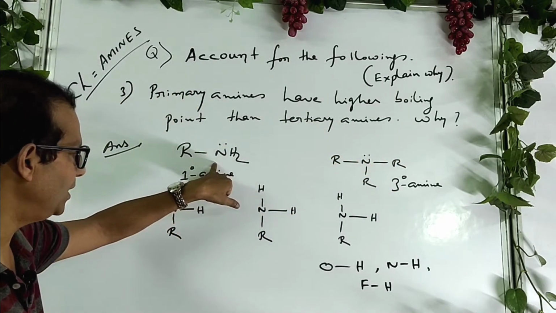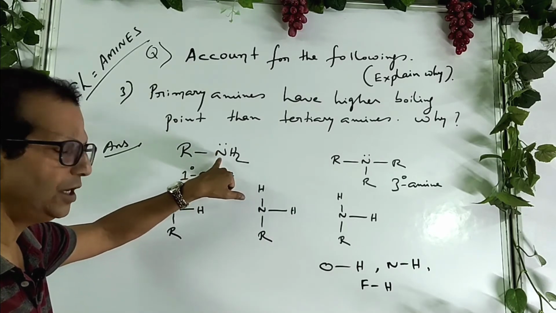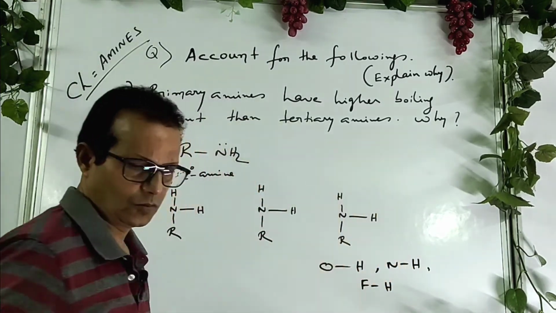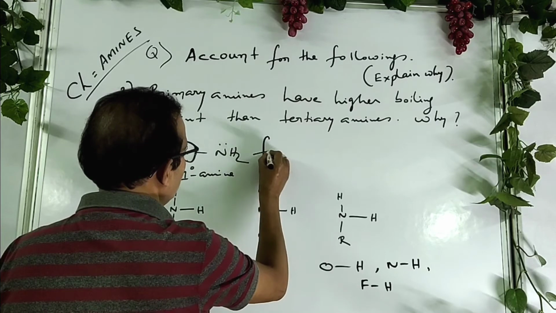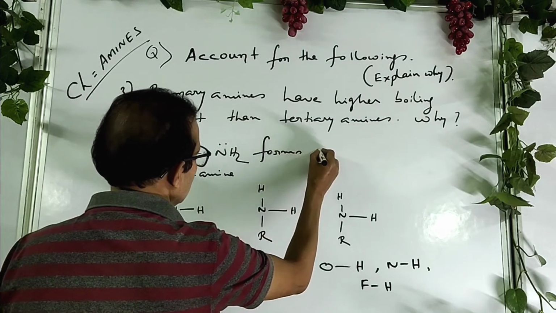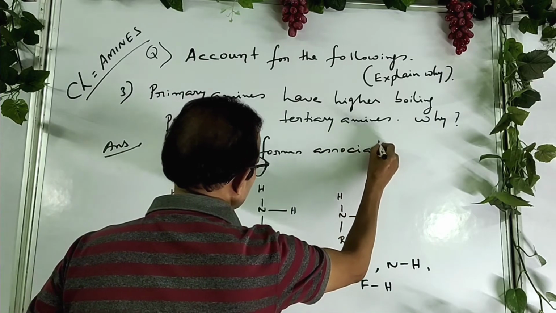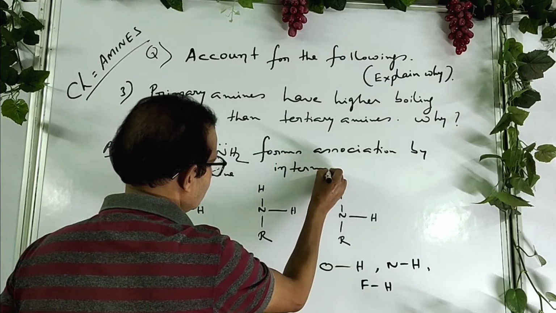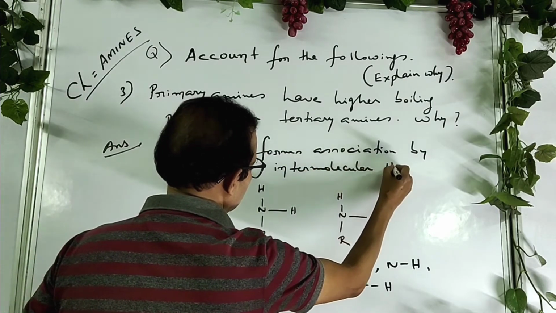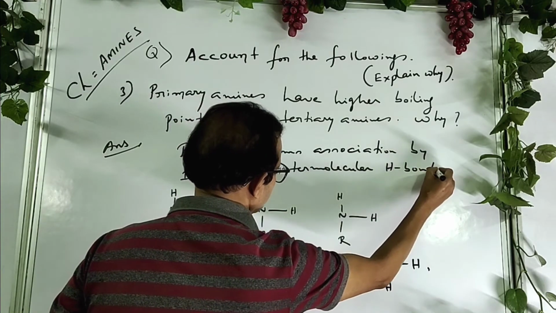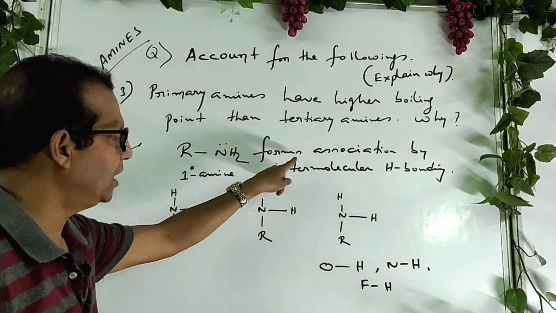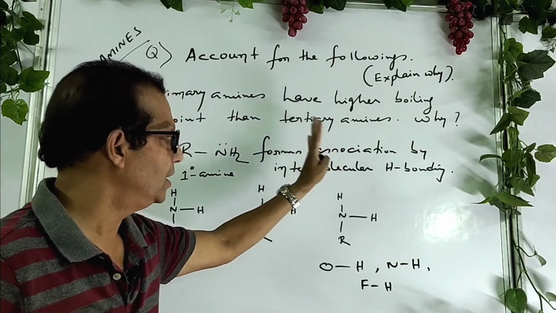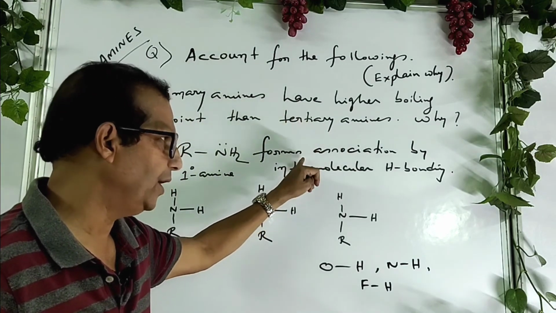That's why primary amine forms association by intermolecular hydrogen bonding. Thus, to break the associated molecules, more temperature is required, resulting in higher boiling point.